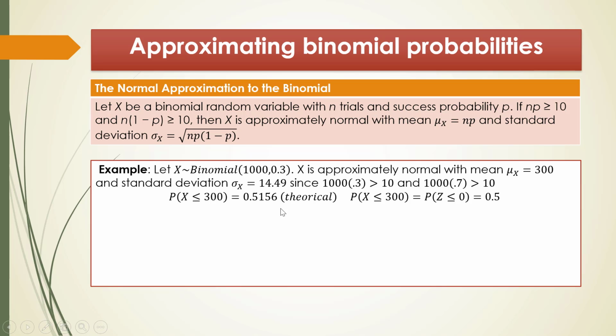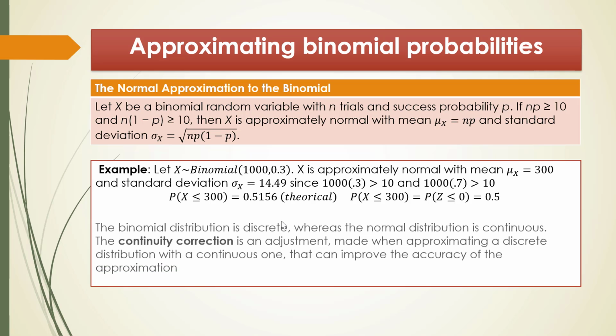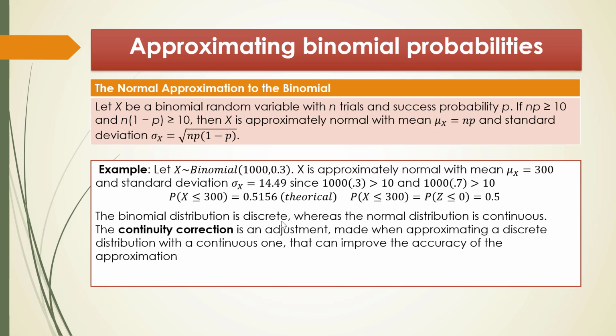And you see that these two values are not precise. The approximation is not precise. The reason is binomial distribution is a discrete distribution, while normal distribution is continuous. So when we approximate the binomial distribution using normal, the answer usually is not precise.